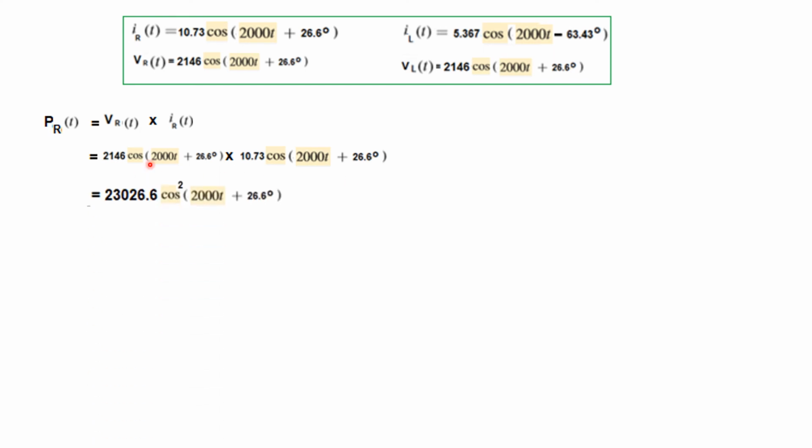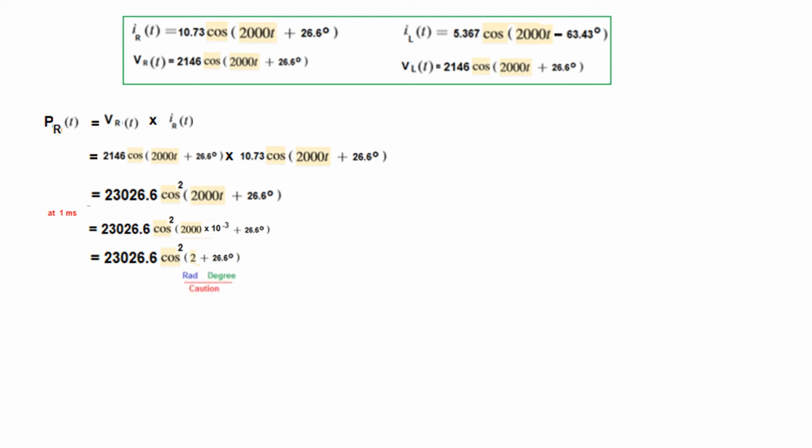Now since these 2 terms are the same, we write it as cos square. At 1 millisecond, that is when the power is desired, t will be replaced by 1 millisecond. So t becomes 10 raised to the power minus 3. Solving this will become 2, others remain the same.